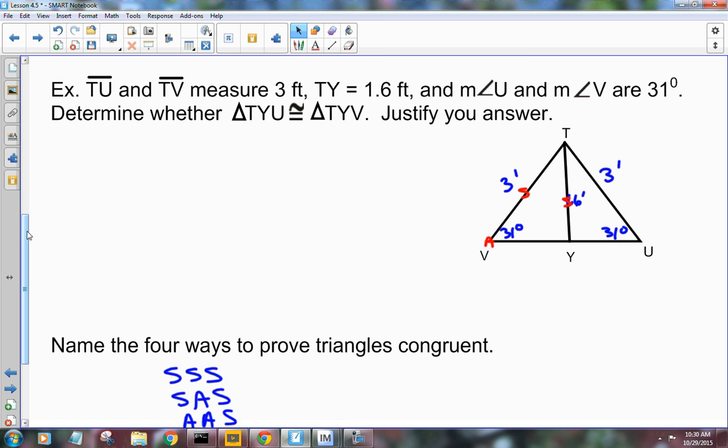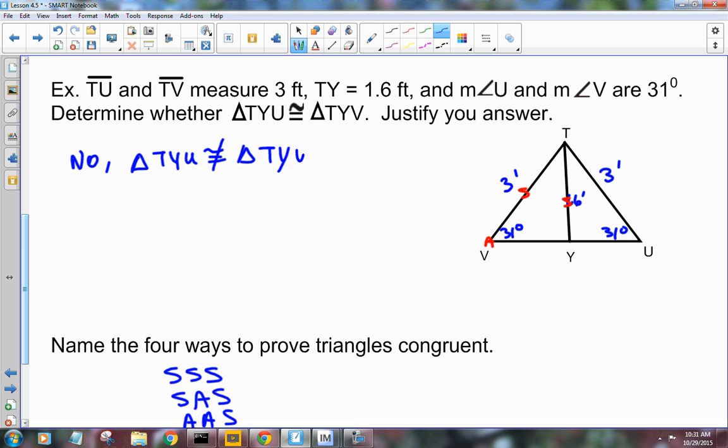Okay? So, we would put that no, triangle TYU is not congruent to triangle TYV because SSA does not prove congruence.